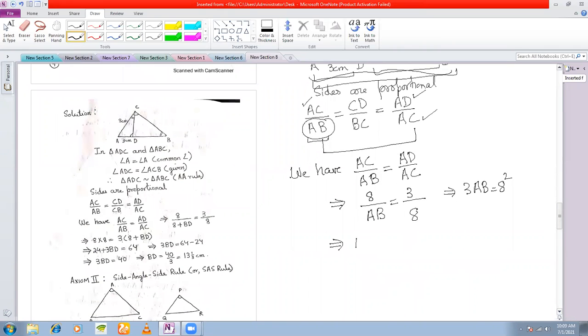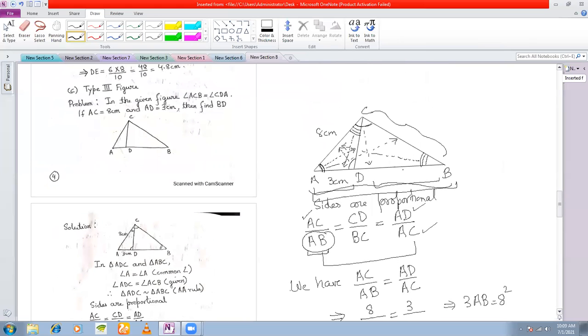That means AB is 64 divided by 3. This much, 64 divided by 3 centimeters, right?